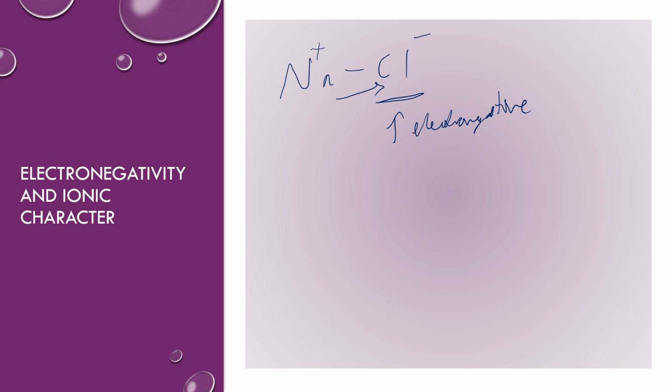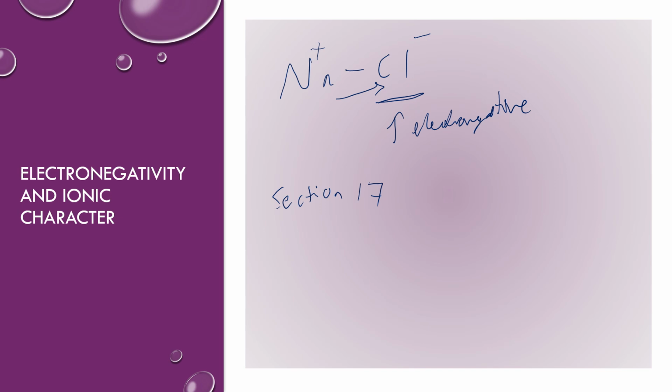Now, fortunately, in section 17 in your data booklet, you're going to have what's called the bonding triangle, and that very clearly defines ionic versus covalent. And it also gets into differences between polar covalent and metallic bonding.